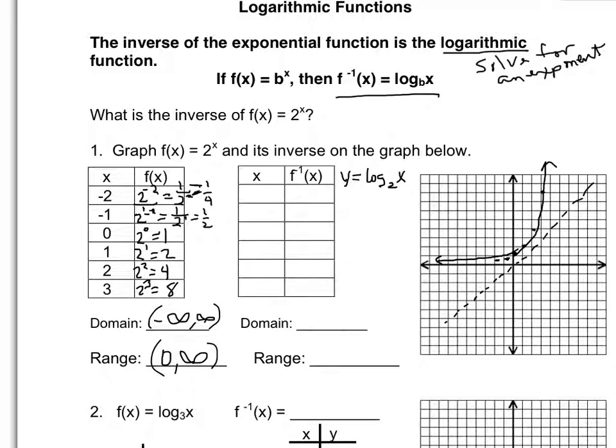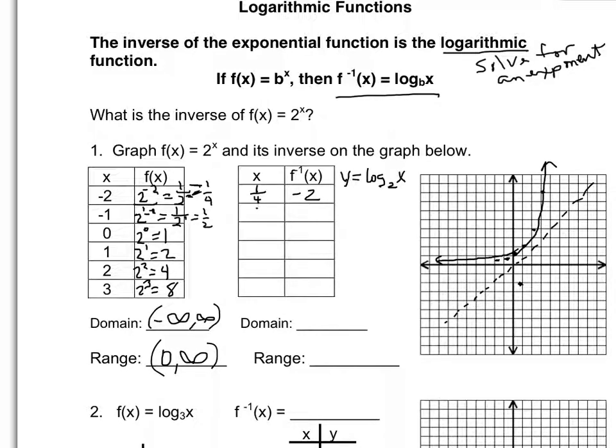So if I had an x value of -2 and a y value of 1/4 in the first ordered pair, x is now 1/4, y is now -2, and if I come over here to the graph, when x is a positive 1/4, y is going to be a -2. That's a little off, but you'll hopefully get the idea in a minute.